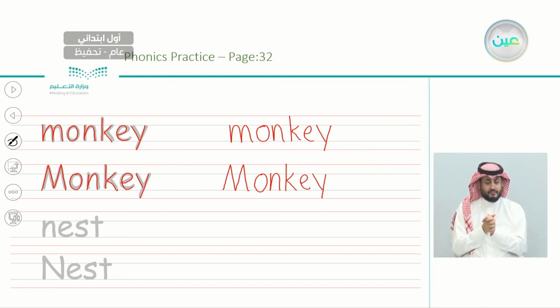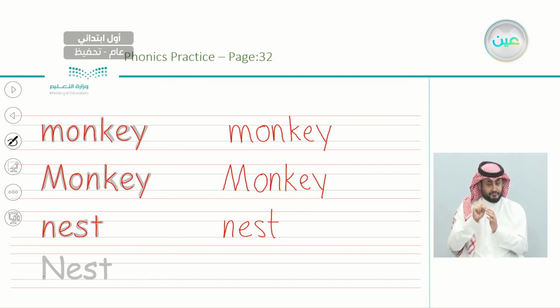Excellent. Okay, after that we have nest. Small n. N, E, S, T. Okay, let's write it one more time. N, E, S, T. Okay. What about nest in capital N?